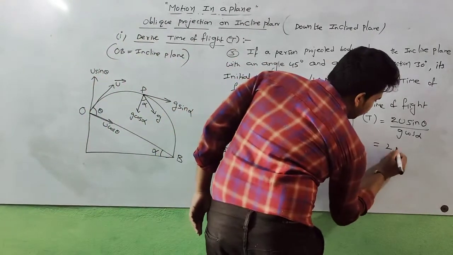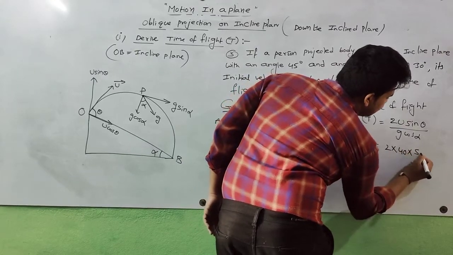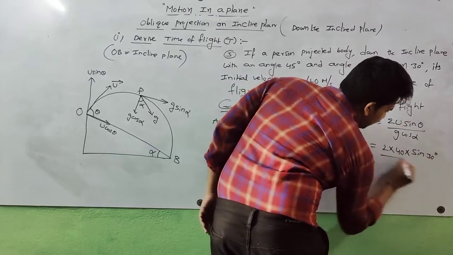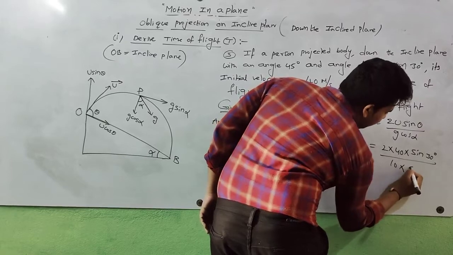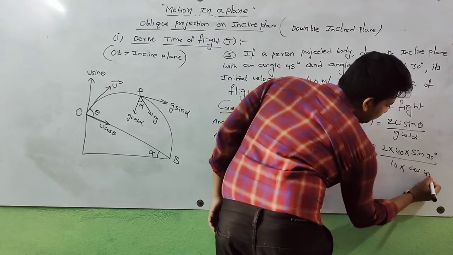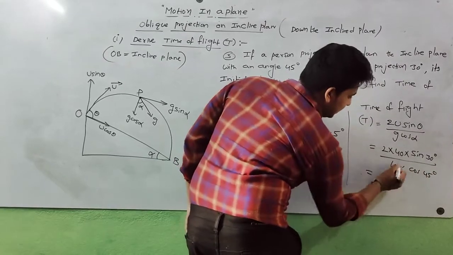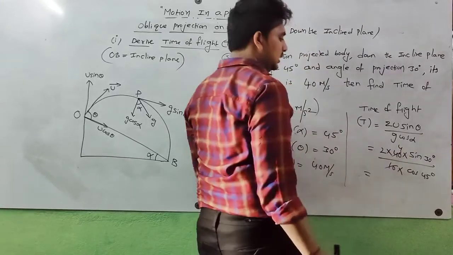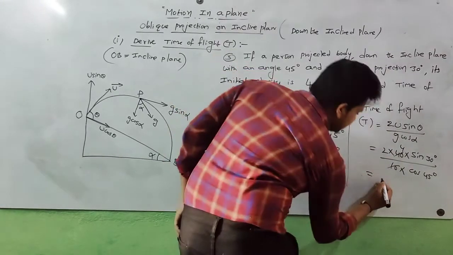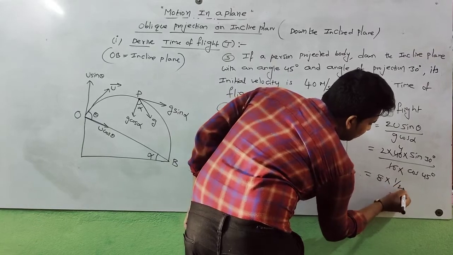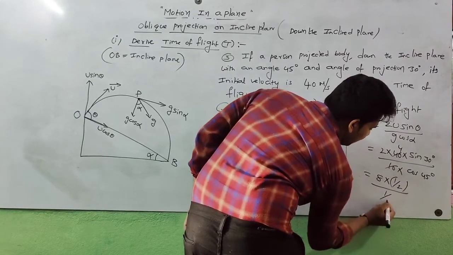From this, 2 into 40 into sin 30 degrees by 10 into cos alpha, that is cos 45 degrees. 10 goes into 40 how many times? 4 times. So 4 twos are 8. 8 into sin 30 value 1 by 2, cos 45 value 1 by root 2.